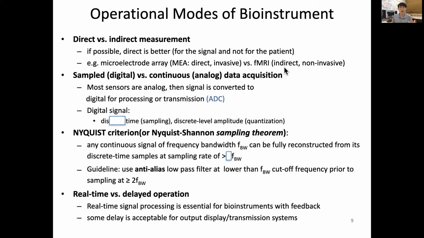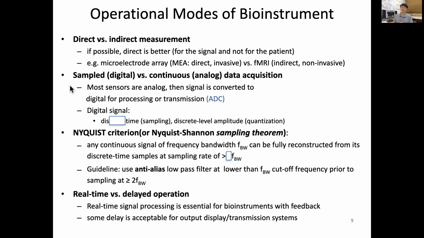So it is indirect, so it's not invasive, and maybe the signal itself is weak, so you need to do extensive image processing and analysis to figure out meaningful data. Okay, so that's the difference between direct and indirect measurement.